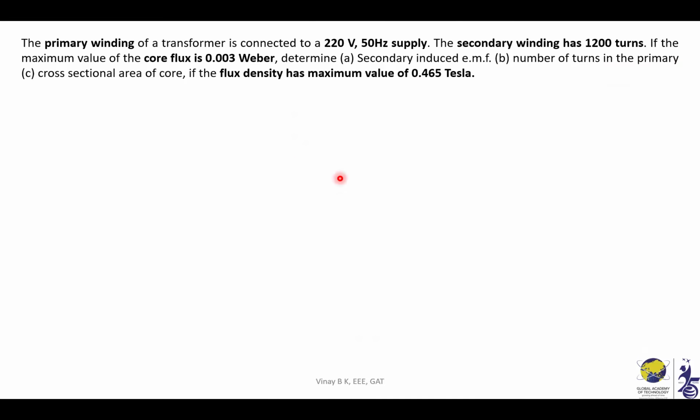So here the given data: V1 they are given, that is 220 volts. Frequency they are given 50 hertz. N2 they are given 1200 turns, and maximum flux they are given 0.003 Weber, and the maximum value of flux density they are given, that is 0.465 Tesla. So we can calculate the secondary induced EMF easily.